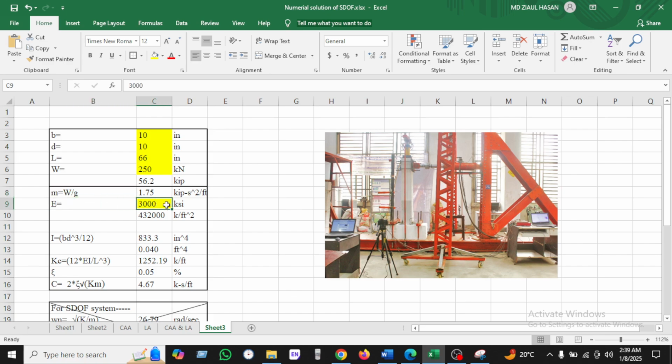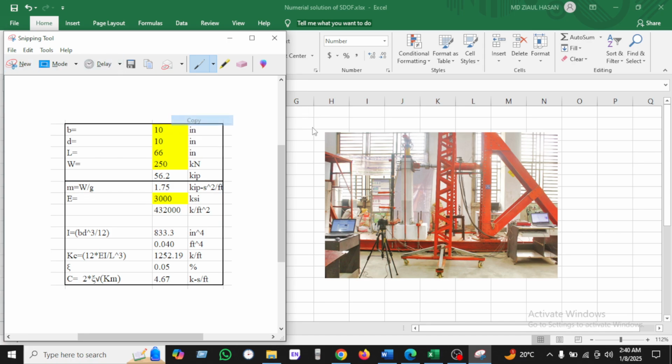E equals constant 300 KSI, found 42, which is converted to cube per feet. The moment of inertia is B D cube by 12, and found 433 inches to the power 4, and we converted it into feet to the power 4. K equals 12 E I by L cube, and found 1252 per feet, and the constant damping ratio is 5. C equals 2 root over k m, found 4.67.